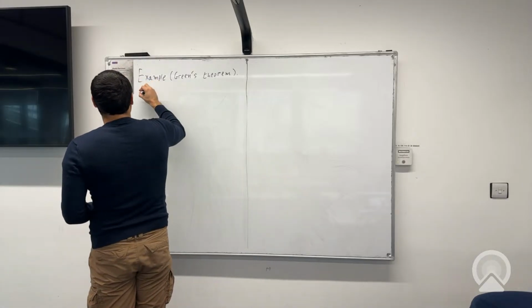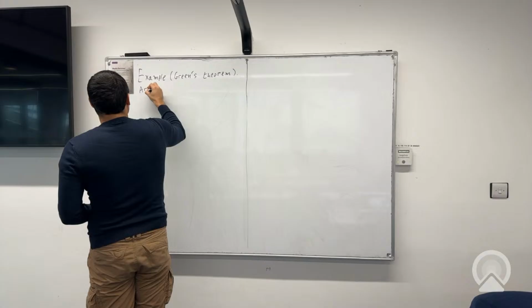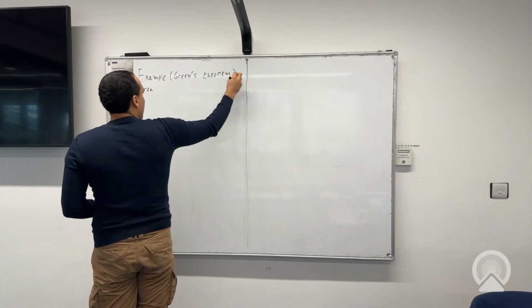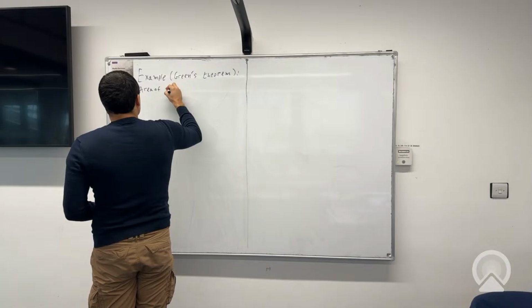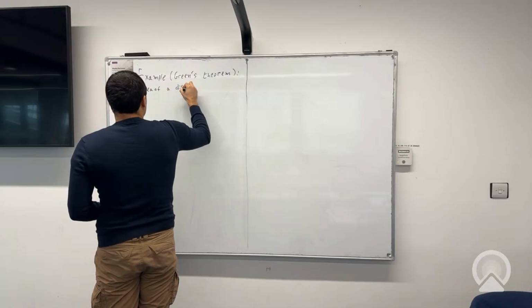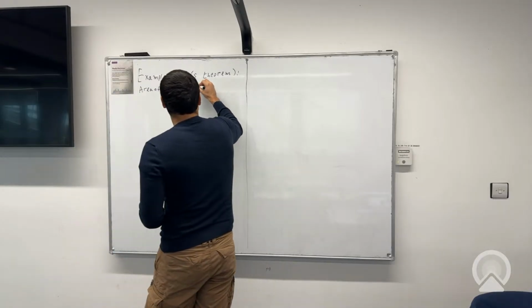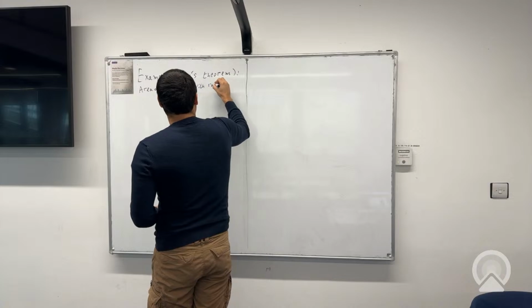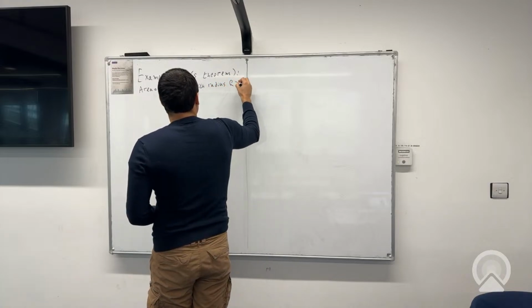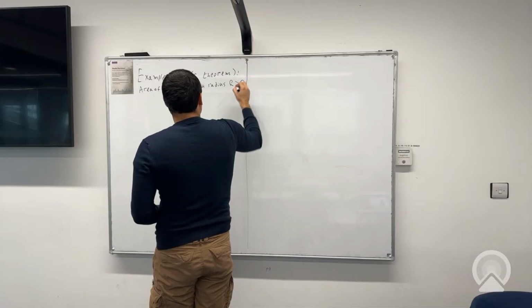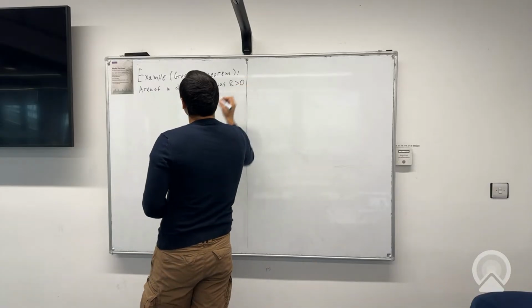So the example will be an area of a disk with radius r. Okay.